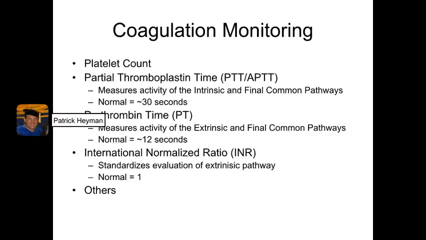In addition to the platelet count, the PTT, and the PT-INR, you also have some other measures, primarily things like protein level, fibrinogen level, levels of certain clotting factors, etc. There are also some other markers, primarily inflammatory markers, that you can look at, which will indicate the coagulable state of a patient. So remember, coagulation is regulated by cytokines, so you can test for those cytokines to see if they exist or not.